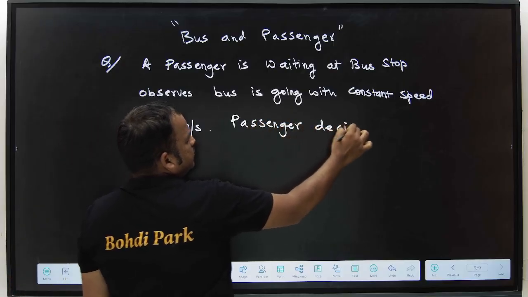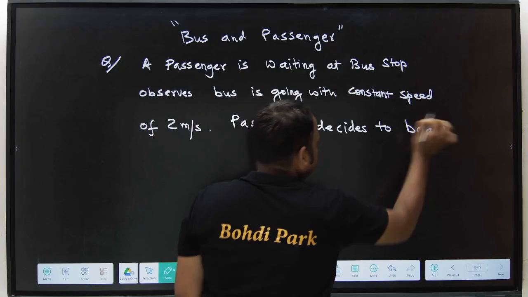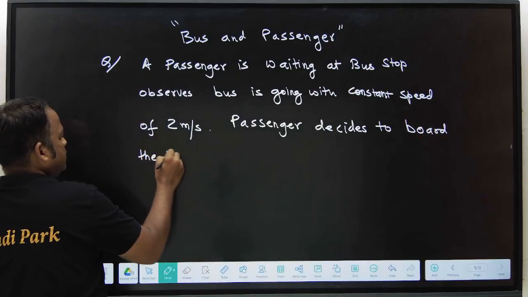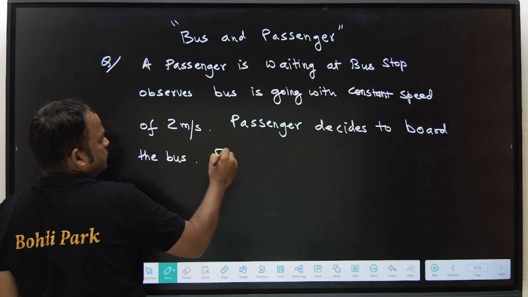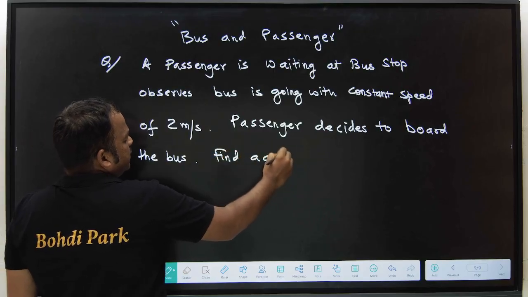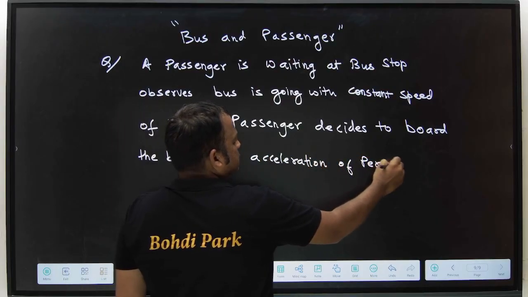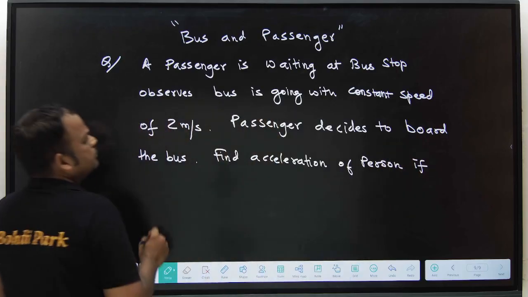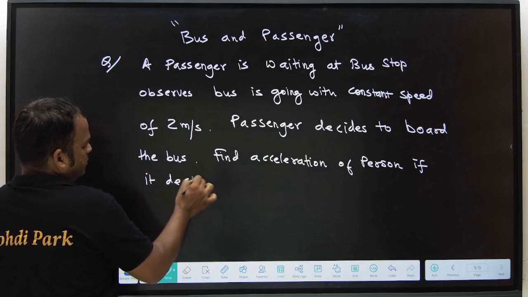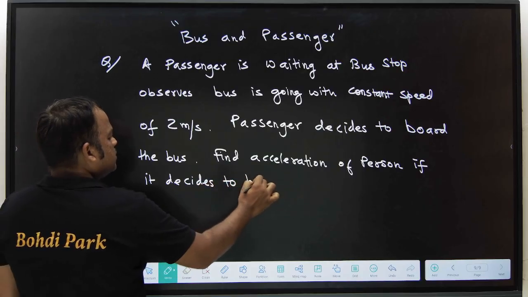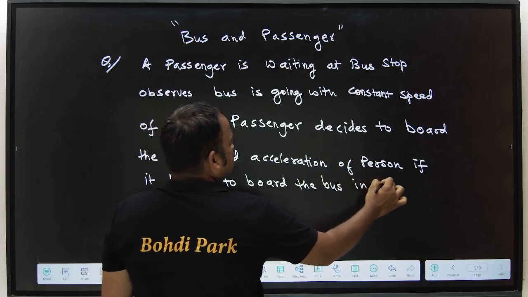The passenger decides to board the bus. Find the acceleration of the person if it decides to board the bus in 5 seconds.